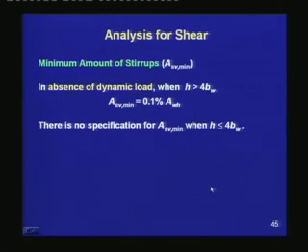In absence of dynamic load, when H is greater than 4 times BW, then ASV minimum is equal to 0.1% of AWH. There is no specification of ASV minimum when H is less than or equal to 4 times BW.